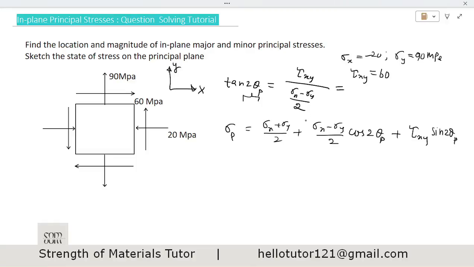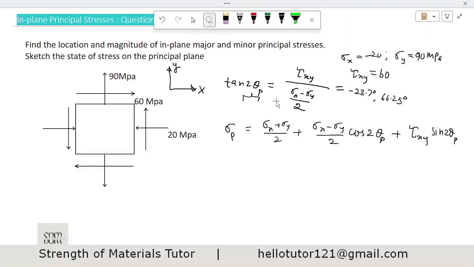The first we got is minus 23.7 degrees approximately, and the other angle that we got is 66.25 degrees. These are the locations of the principal planes. Now we don't know which is the major principal plane and which is the minor principal plane, because we have to find the stresses. So I will find the stresses one by one.